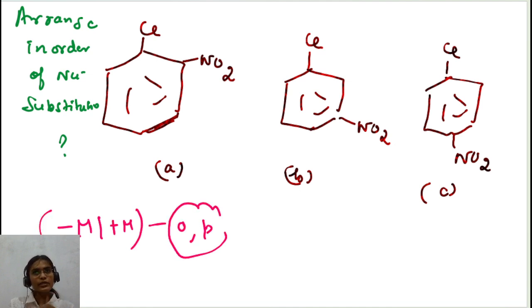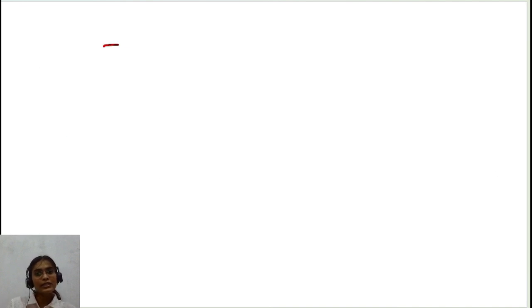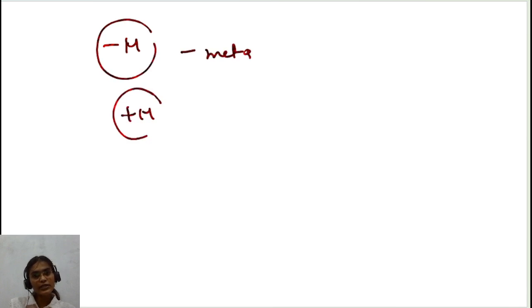But don't say, ma'am, in the previous classes we discussed that minus M is going to be meta-directing, right? And if we have a plus M, it is going to be para-directing or ortho-directing, right? Yes, we know this thing here.